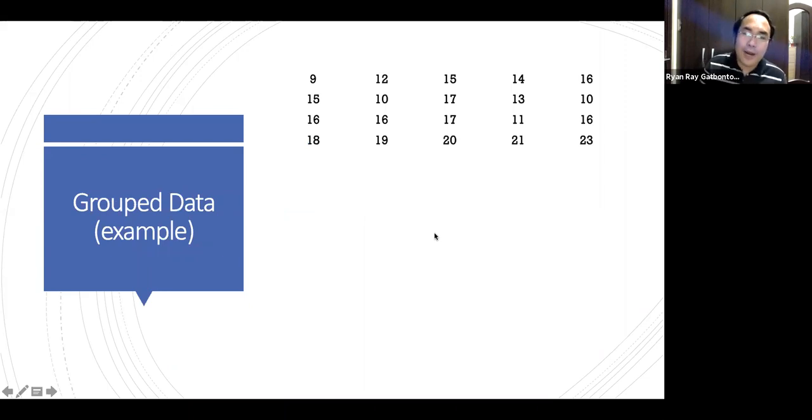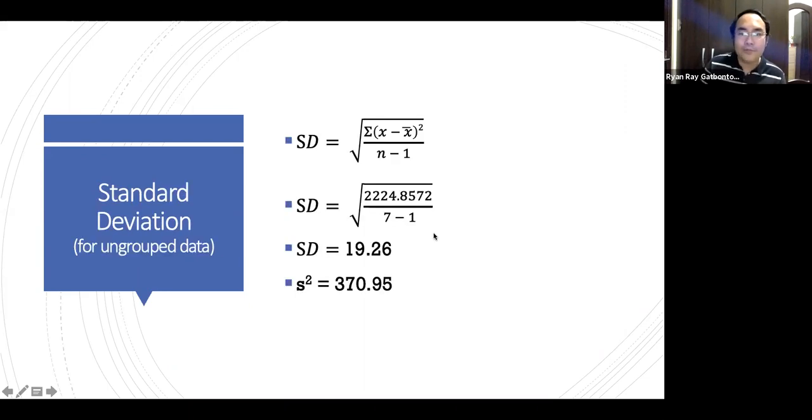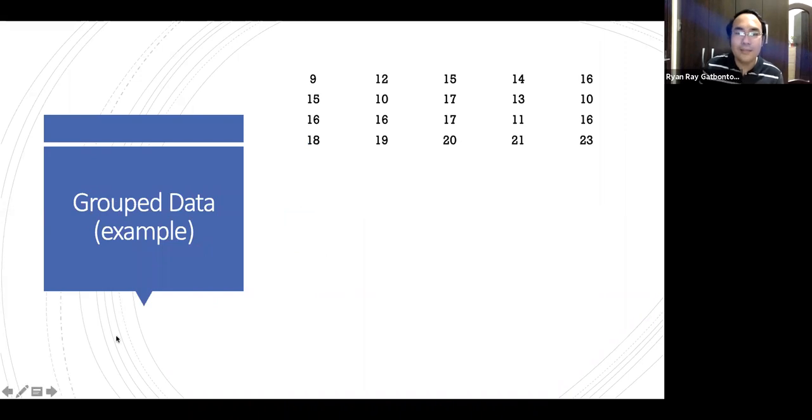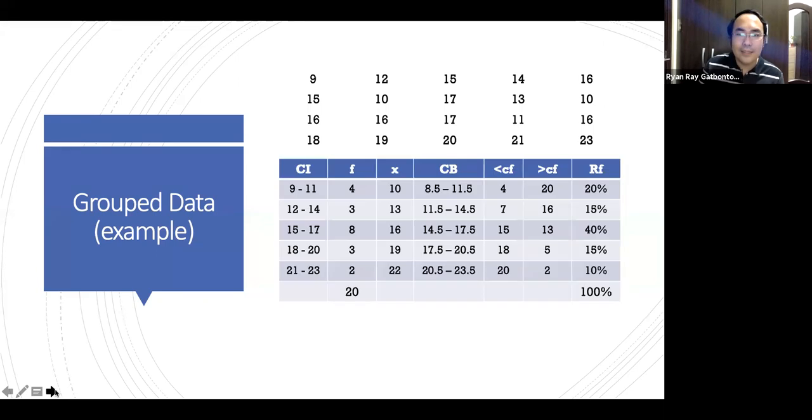Now, for our group data, we refer to our previous example. In our previous example, we identified this particular frequency distribution table. If you review the data that we have in the previous video, we already constructed this frequency distribution table.